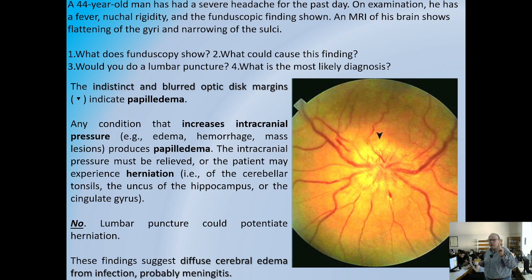However, when there is a herniation that is going to come, you should not perform the lumbar puncture, because this could make things worse, and you'll make damage to the brain. So the finding here that we have the papilledema suggests a diffuse cerebral edema, and in this case, infection is the most probable cause of this increase.